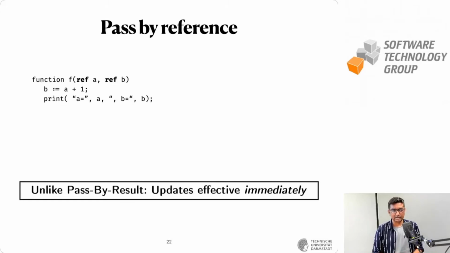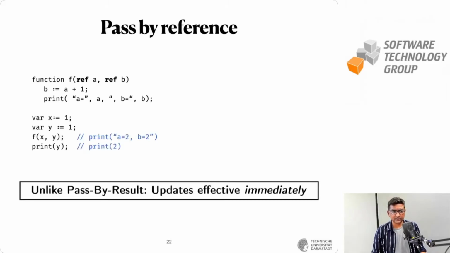Here you have a function which takes two reference parameters, a and b, does the same computation, and prints the values. The result is going to be the same as the variant we saw for pass by value result, but the difference is that the updates are effective immediately.